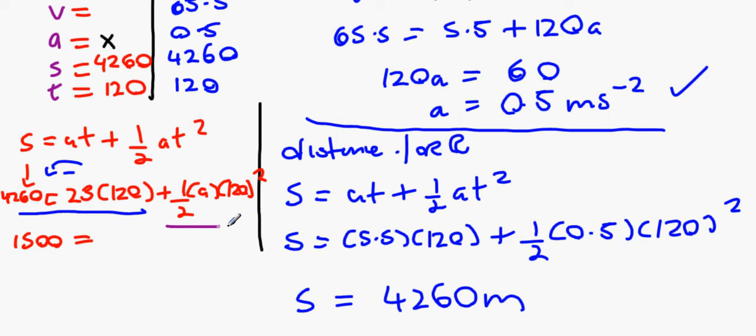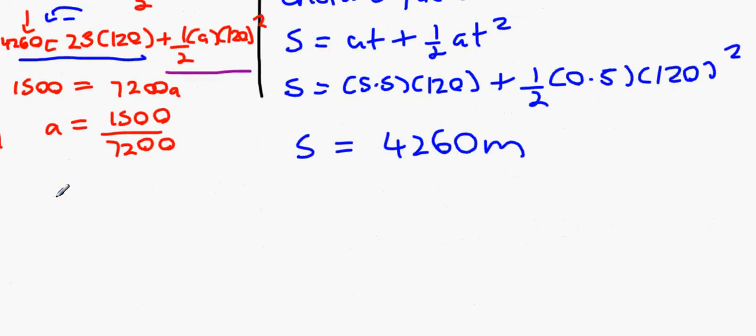And what we'll get for that part there is 7,200A. Therefore, A equals 1,500 divided by 7,200. And what we can get here is A equals 5 over 24 meters per second squared.